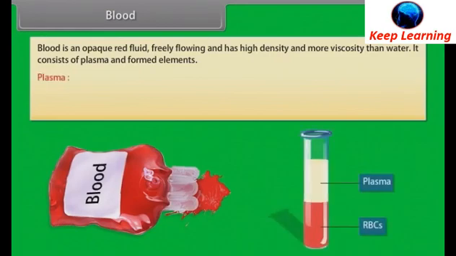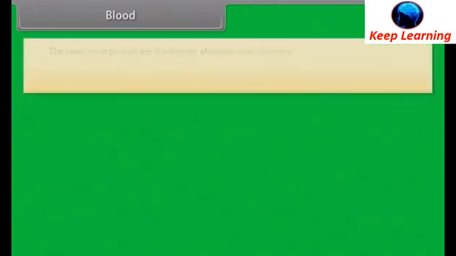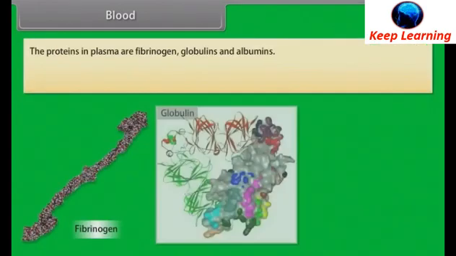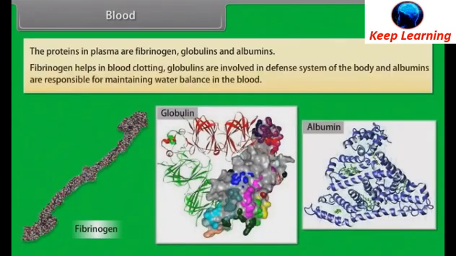Plasma. Plasma is the liquid portion of the blood, a complex solution containing more than 90% water and about 6 to 8% proteins. The proteins in plasma are fibrinogen, globulins and albumins. Fibrinogen helps in blood clotting.